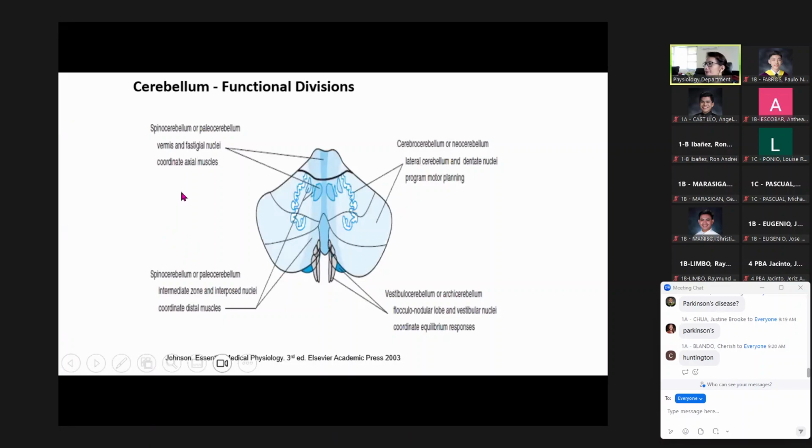The spinocerebellum through your vermis and your fastigial nuclei, and the intermediate zone and the interposed nuclei. They coordinate axial muscles and distal muscles.